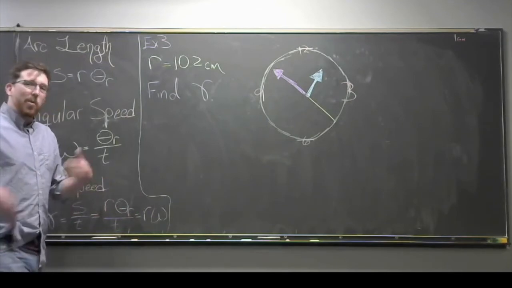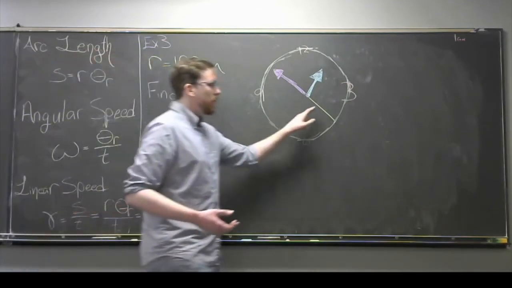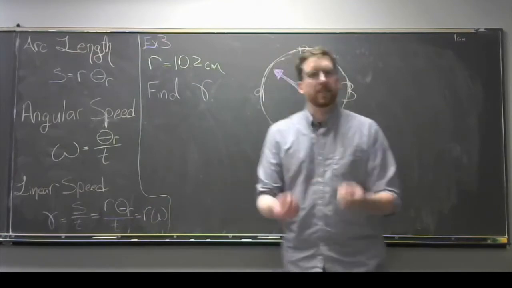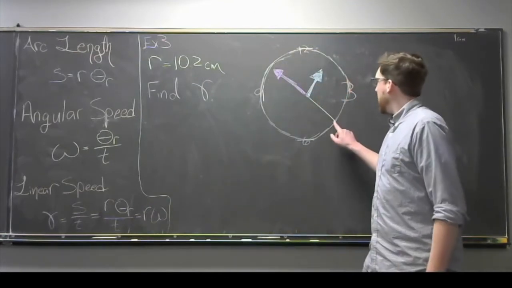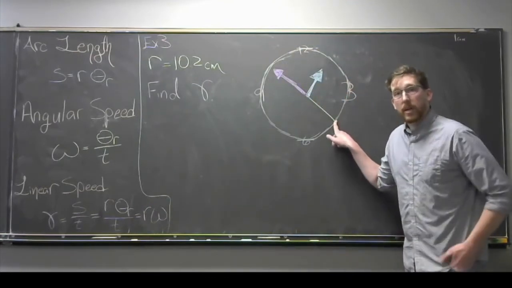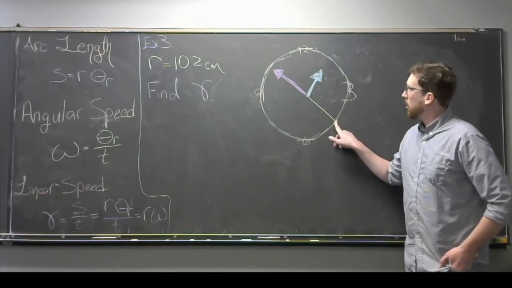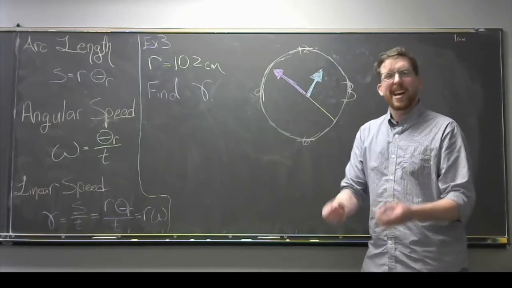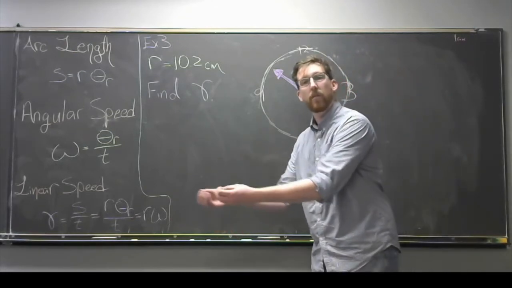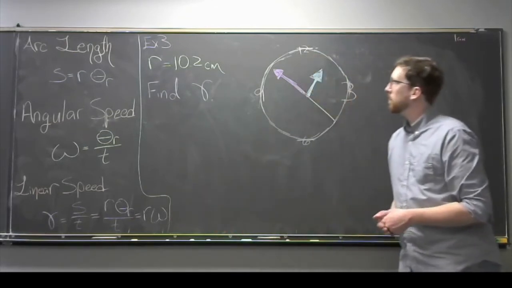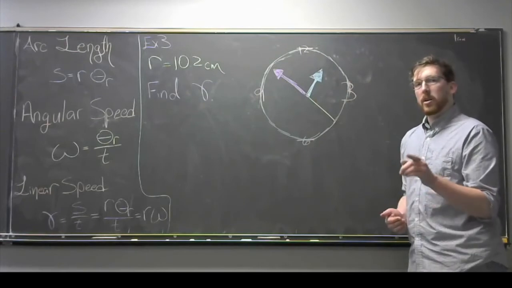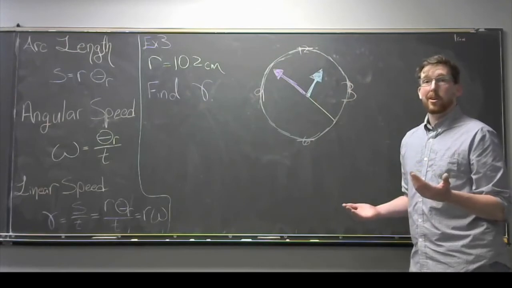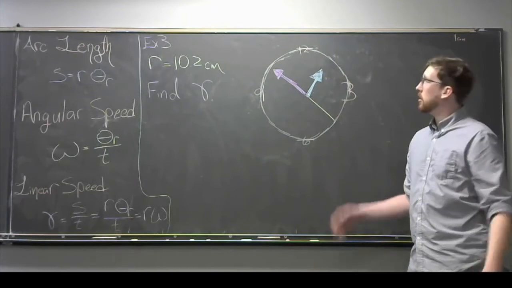All right, so we have this clock, and we want to know how fast the end of our second hand is going to be moving. So we want to know what the linear speed is at the end of our second hand. First thing we need to know, how long is that hand?